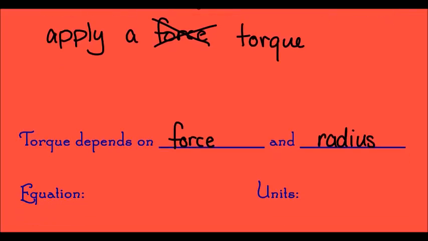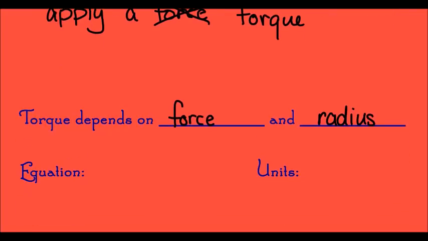So, if a torque depends on these two things, there's the symbol for torque. It's actually a Greek letter. It's the Greek letter tau. And it's equal to the magnitude of the force times the magnitude of that radius. That's not all.